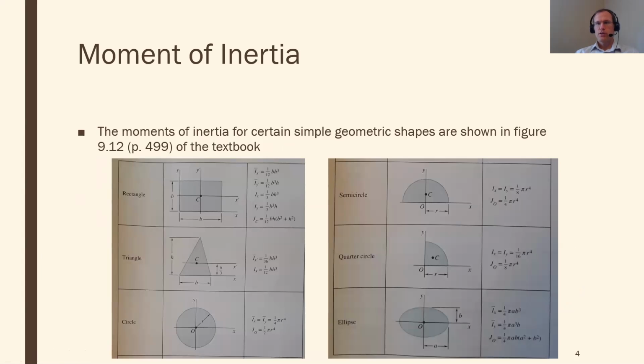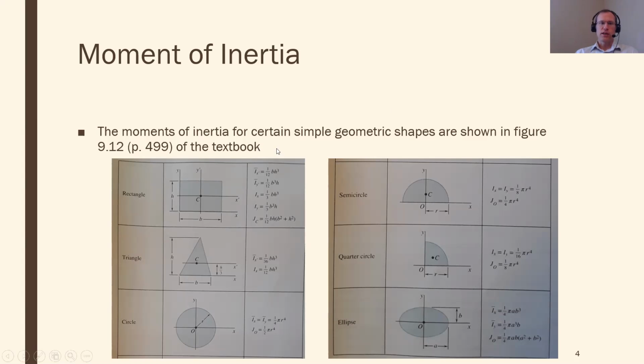And so like we had for centroids, there are also tables of common shapes and their associated moments of inertia. So instead of having to do those integrals, many of them have been done for you: rectangles, triangles, circles, half circles, ellipses. And so we can just use these tables to find the appropriate equations for any of these easy shapes. One thing that's slightly complicated is that the moment of inertia really depends on the axis, because the moment of inertia integral of distance squared dA really depends on how far away your object is from that axis.